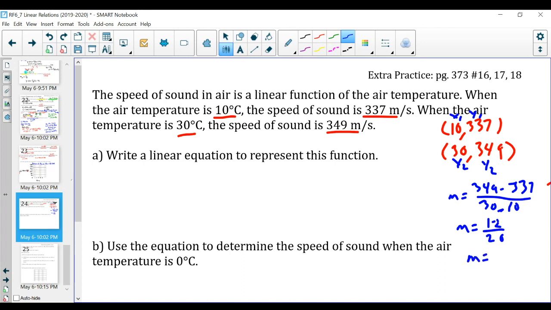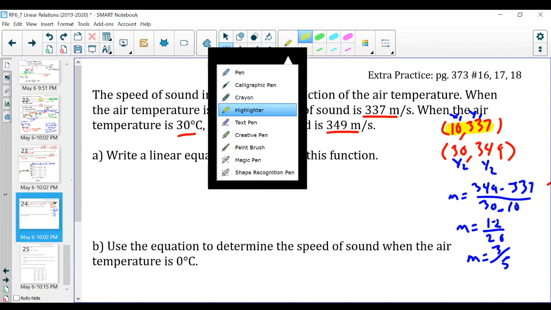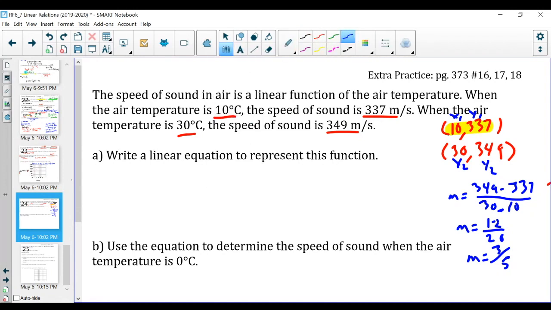And we end up getting, this can reduce to 3 over 5. All right, so our slope ends up being 3 over 5. We can use one of these 2 points as our x1, y1, and we're actually going to use point slope form. So remember, we got y minus y1 is equal to m times x minus x1.